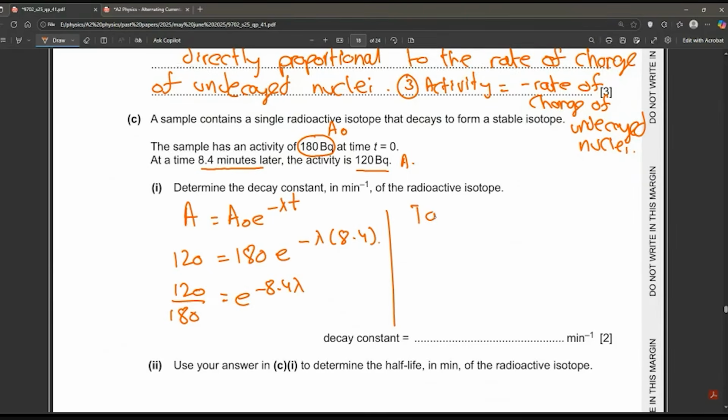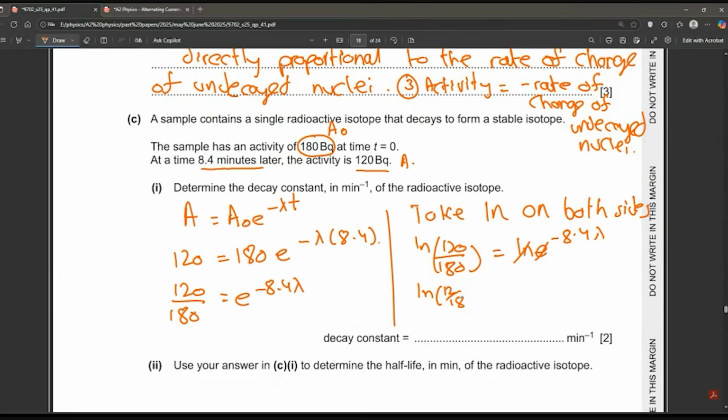Take ln on both sides. ln of 120 over 180 equals ln e to the minus 8.4 lambda, e cancels out. ln of 12 divided by 18 divided by negative 8.4 is equal to your decay constant.